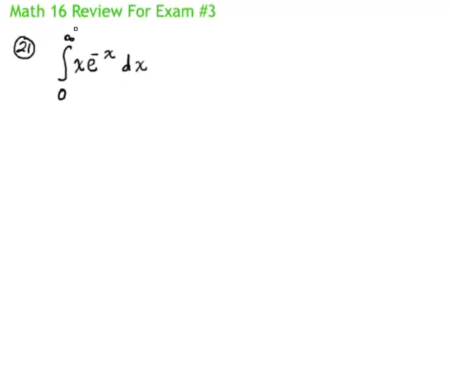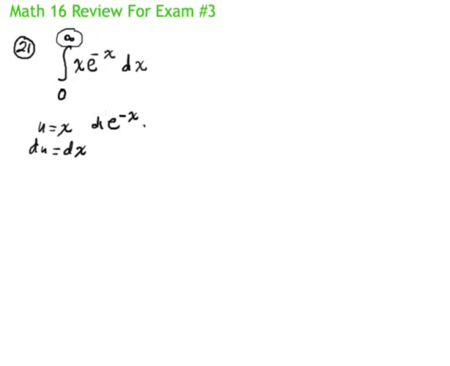Number 21, this infinite limit makes this an improper integral. All right, we integrate this by integration by parts. And for dv, we're going to choose e to the minus x. That's our dv.